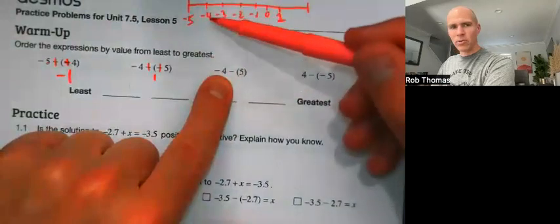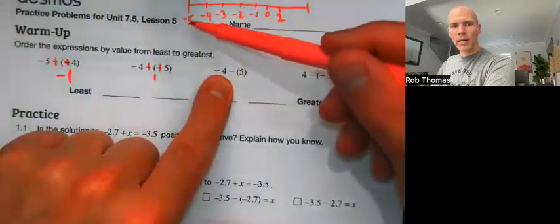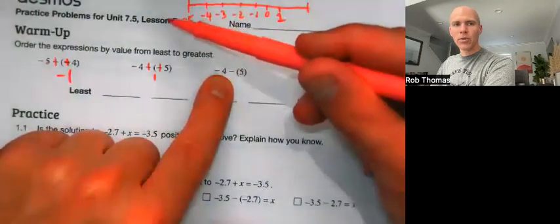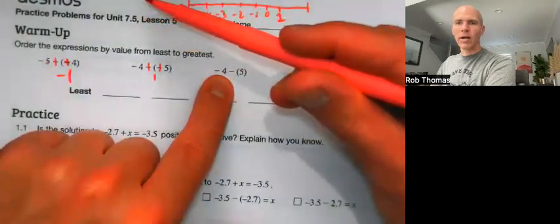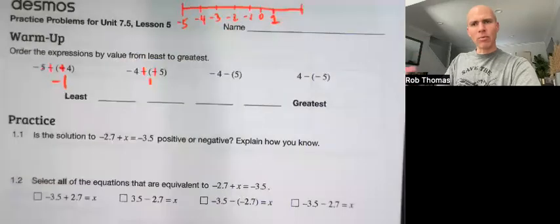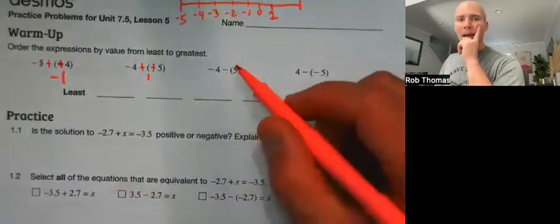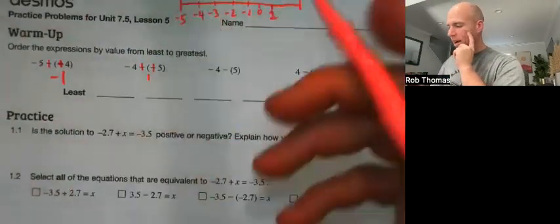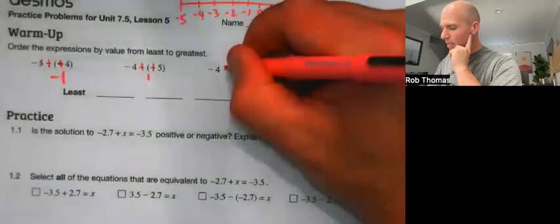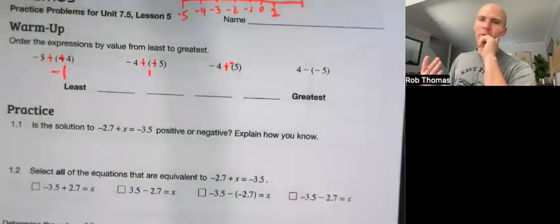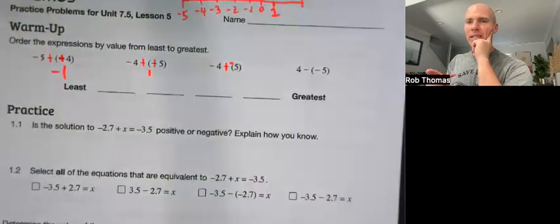So you would be counting this way. You'd be going 1, 2, 3, 4, etc. So you're going down. You're getting more negative. I prefer to think of it instead of -4 minus 5, think of it as -4 plus -5. And that helps make it much more obvious that that is -9.